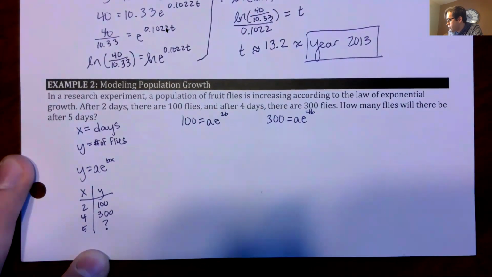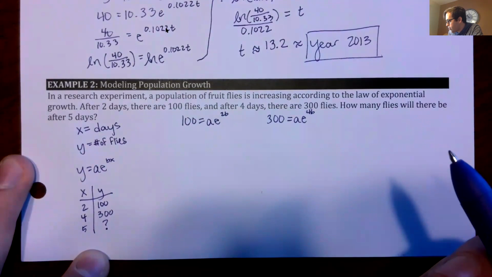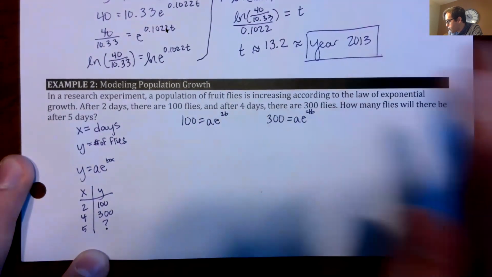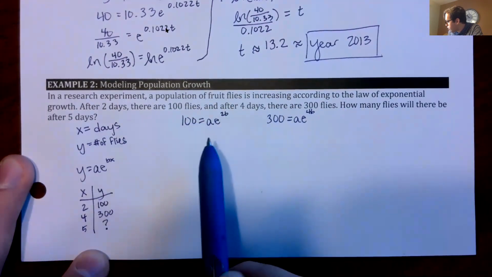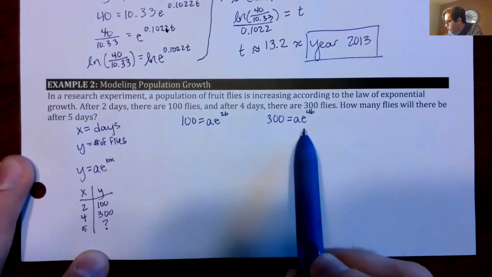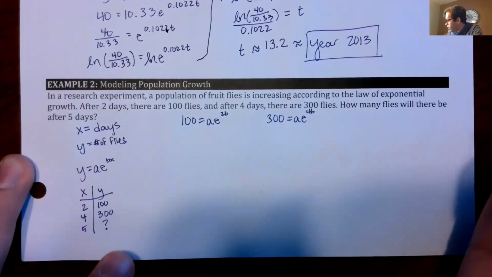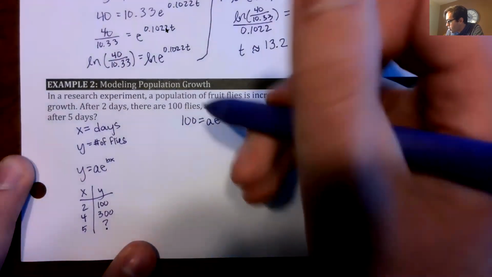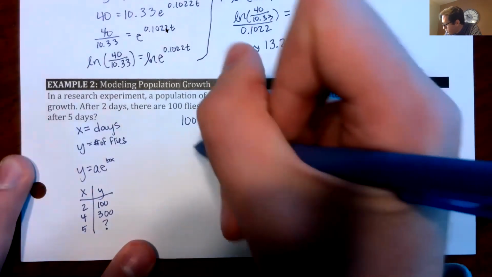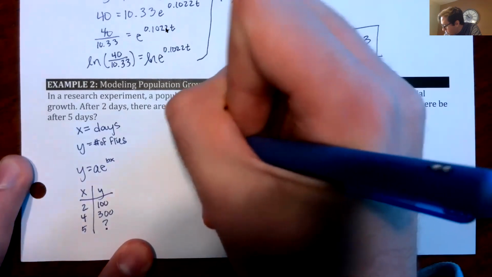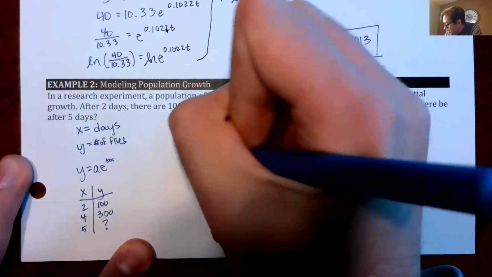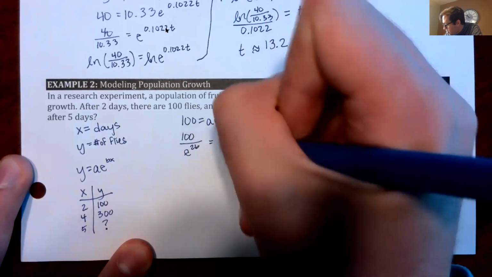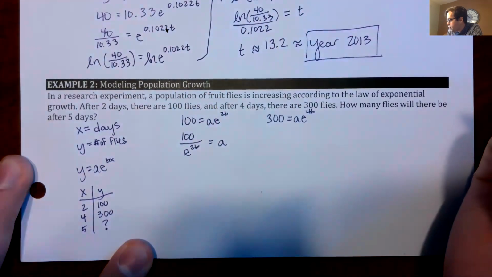So let's do this using our substitution method. So we're going to solve this equation for A, and then use that over here to find B. So here's what I mean, and follow along. This might take us a second. So I'm going to solve this for A. So if I divide, I'll get 100 over e to the 2b equals A, right?